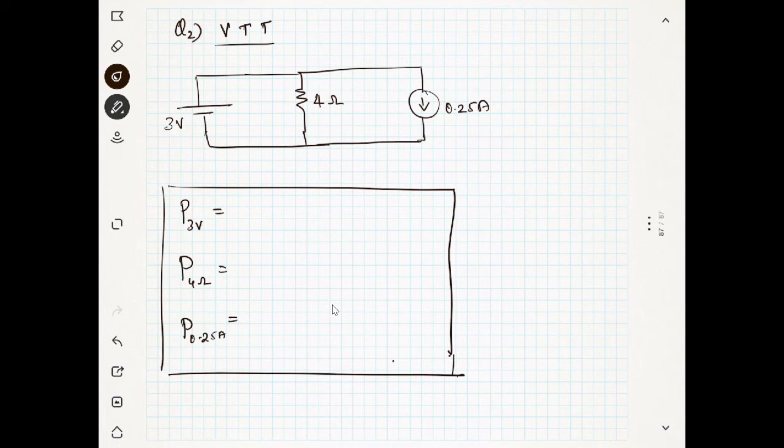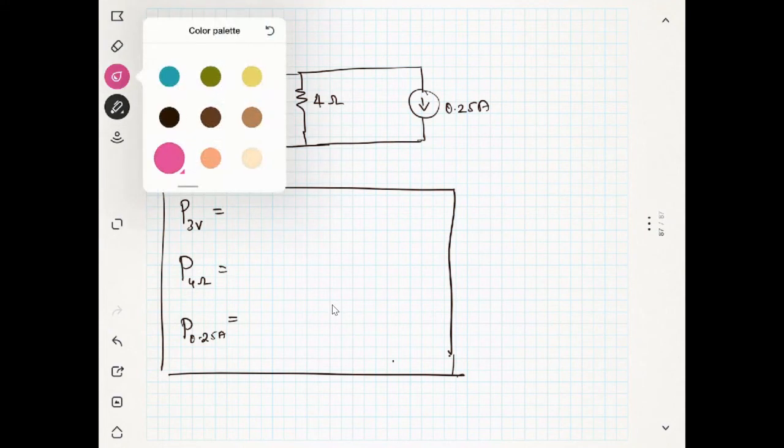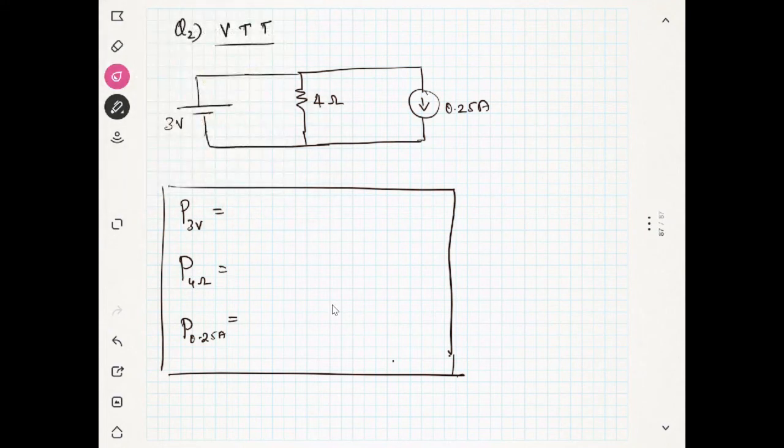So before that, we want to know everything. What is the current? What is the voltage? First of all, you know that this 4 ohm resistance is in parallel with the 3 volt. What will be the voltage across the 0.25 ampere current source? 3. Yes, I have given the point in the last class, because the voltage across a current source can be any value.